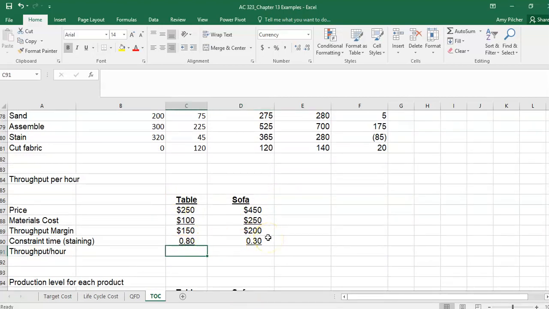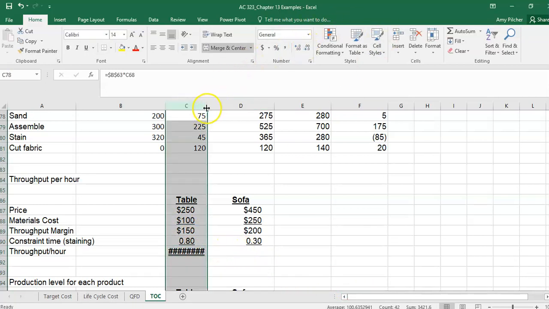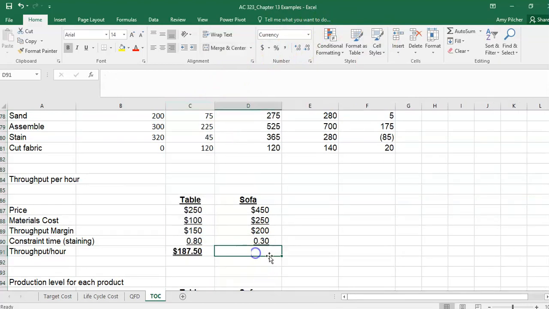So then we're looking for our throughput per hour. So 150 divided by 0.8, 200 divided by 0.3. So the sofa has a higher throughput per hour.